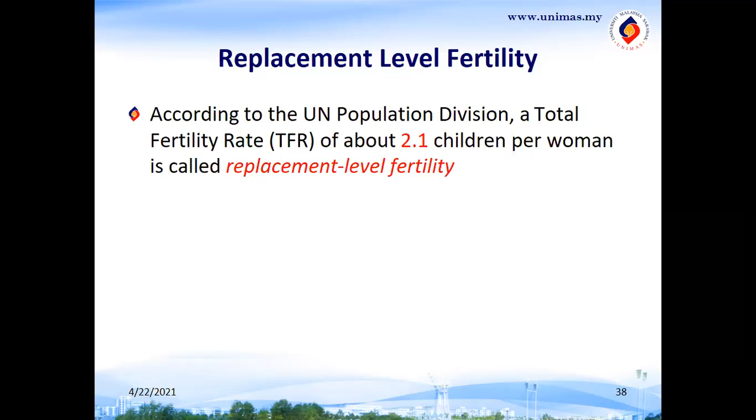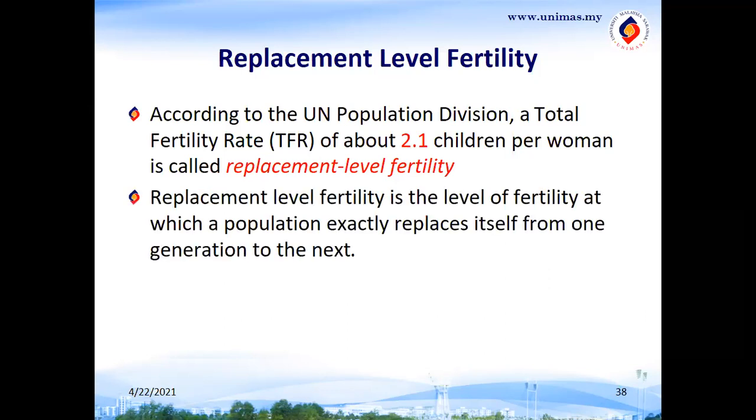There's no 2.5% or 2.1%. This is just about average number of children. Okay, so that is the replacement level fertility. Kurang daripada itu, ianya akan menyebabkan populasi secara keseluruhannya akan decline ataupun turun.